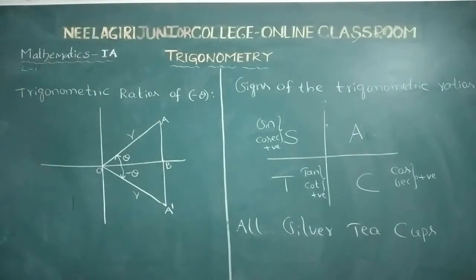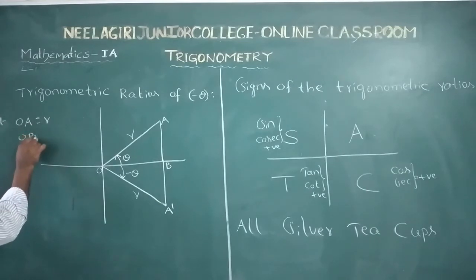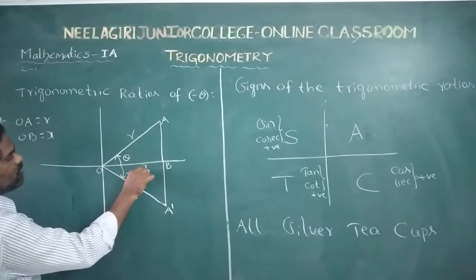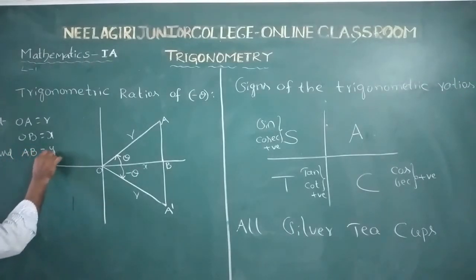Suppose OA equals r, OB equals x, and AB equals y.